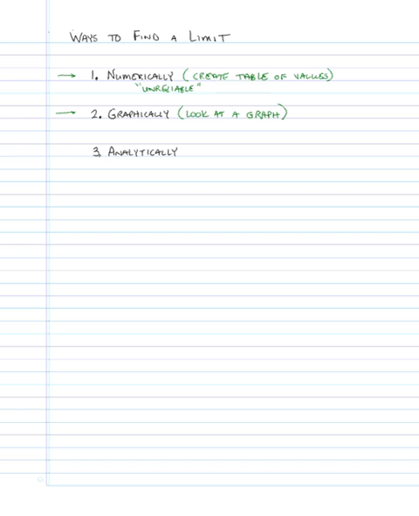The third method I've written as analytically, and in this method we use algebraic techniques. We basically use mathematics rather than a guessing method or a graphical method. We're actually using algebraic methods to calculate the value of the limit. And that's what we're going to be most interested in the long run.